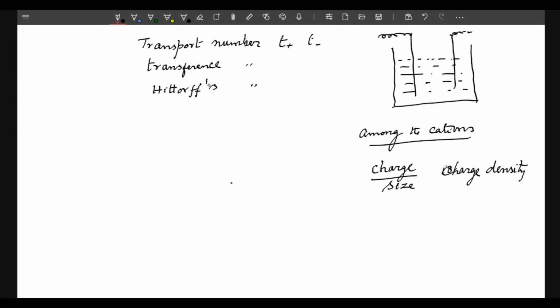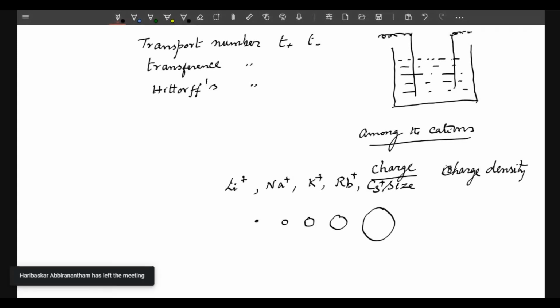For example, compare the lithium ion, sodium ion, potassium ion, rubidium ion and cesium ion, which has the larger size? Cesium is larger; down the group, the size goes on increasing. But the charge over all of them is only plus one, while the radius goes on increasing.